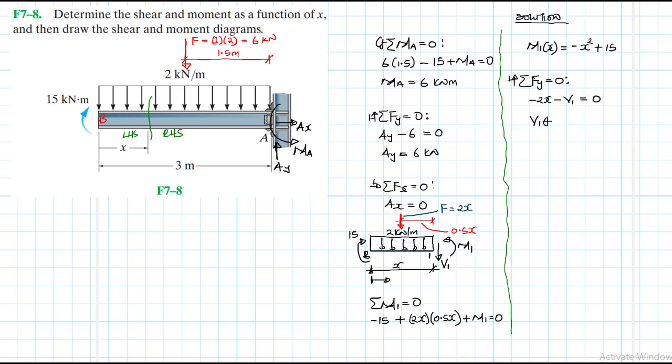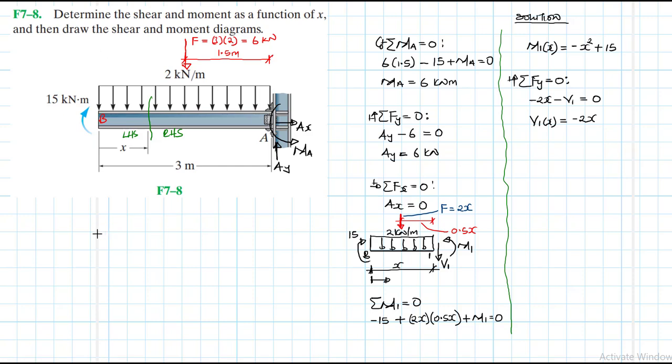Therefore, v1, which is a function of x, is just going to be equal to minus 2x. So we have two equations, and the span that we are looking at is just continuous. Again, this is a simple problem.